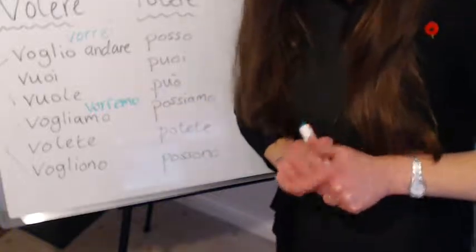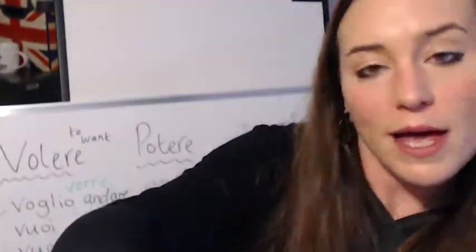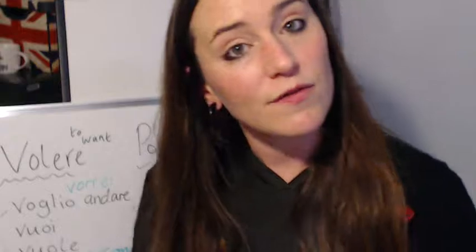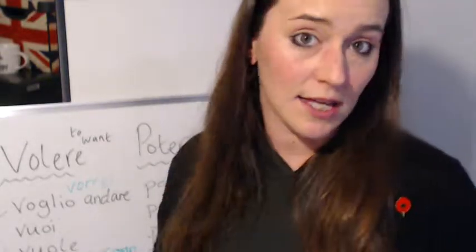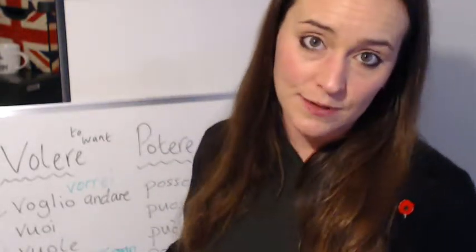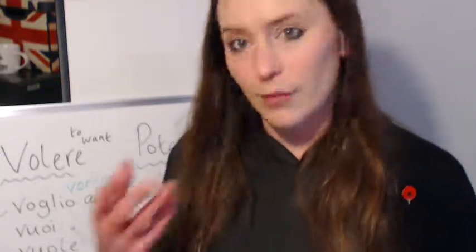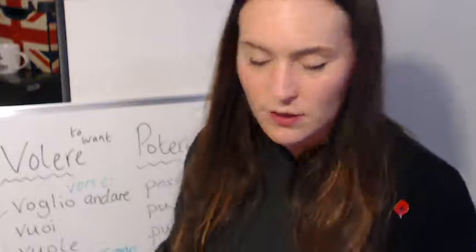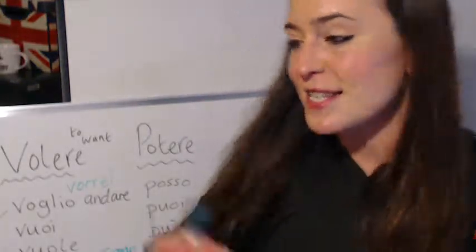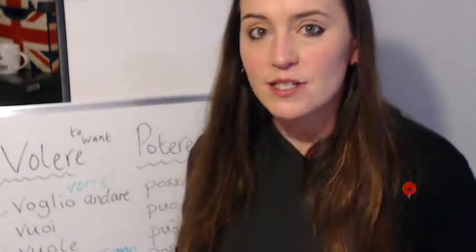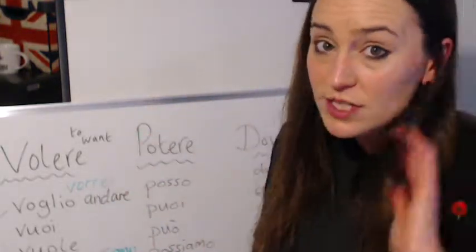So vorremmo pagare adesso per favore. We would like to pay now, please. But don't worry too much if you just use the present tense. Vogliamo pagare adesso per favore. It depends what you're saying. Say it nicely, say please. You don't have to worry about the conditional tense, but that's how you find it. So, useful if you're going to continue studying with me.